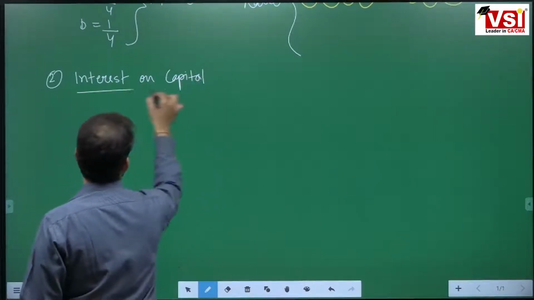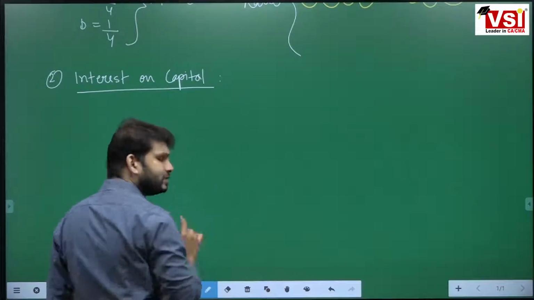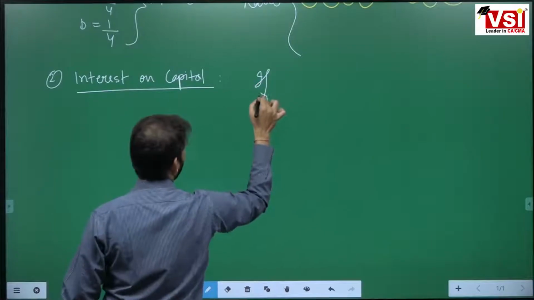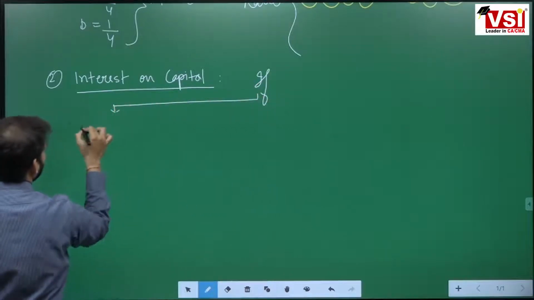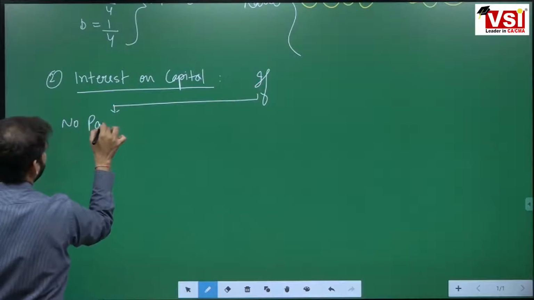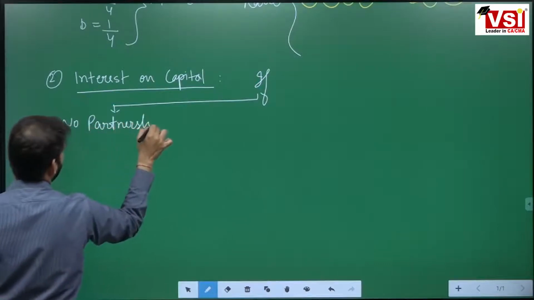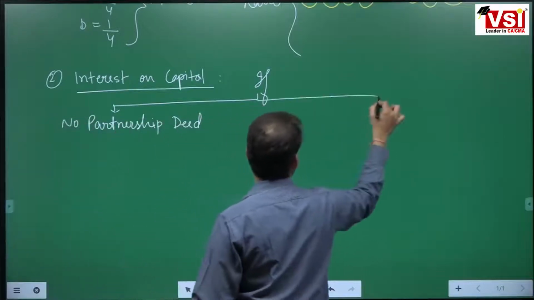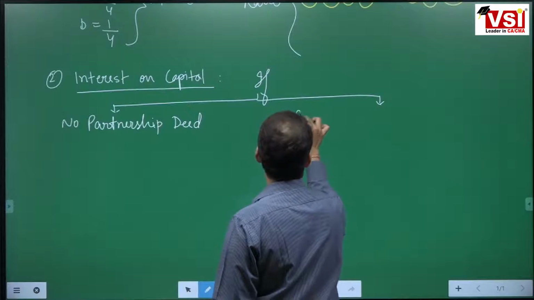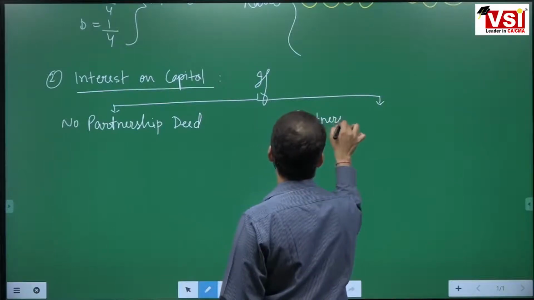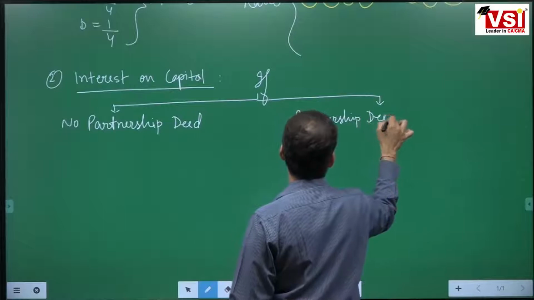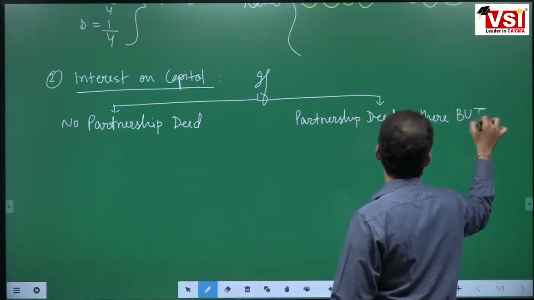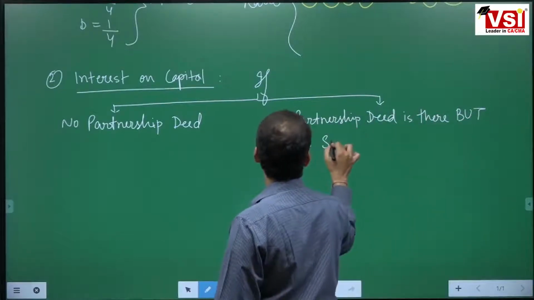Interest on capital. Let us see, this will happen in two cases. If there is no partnership deed, or the partnership deed is there but is silent.